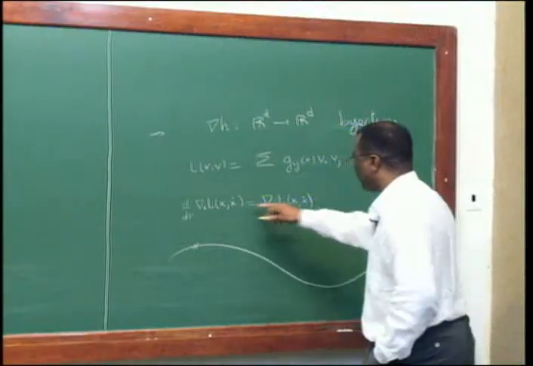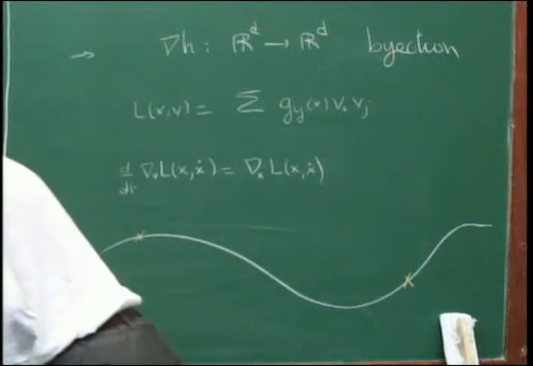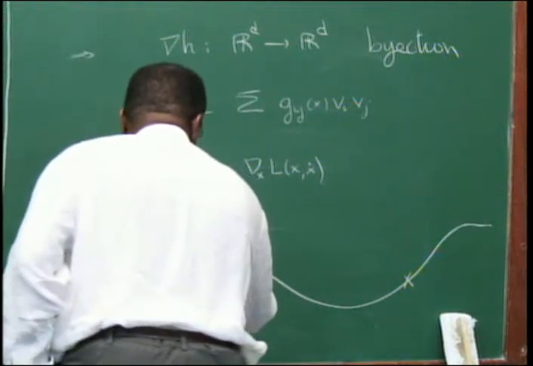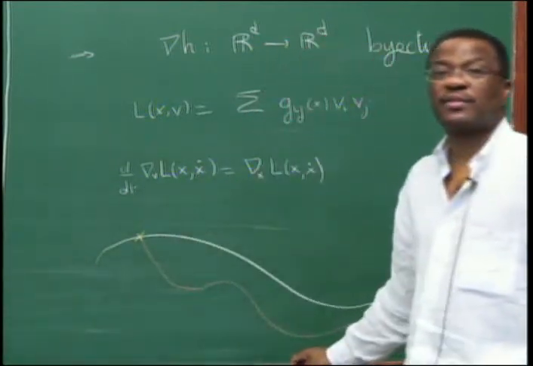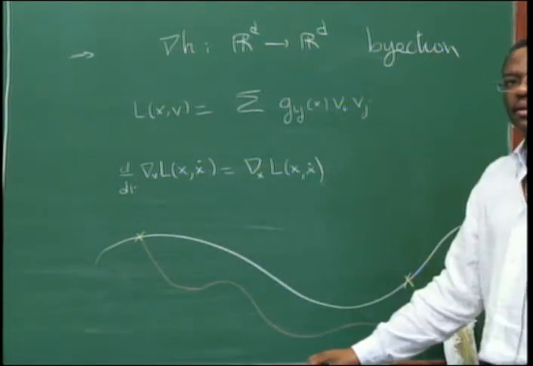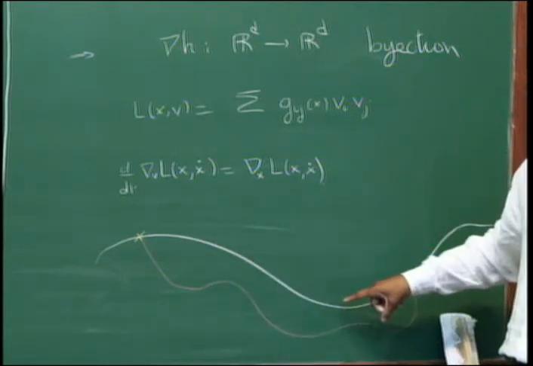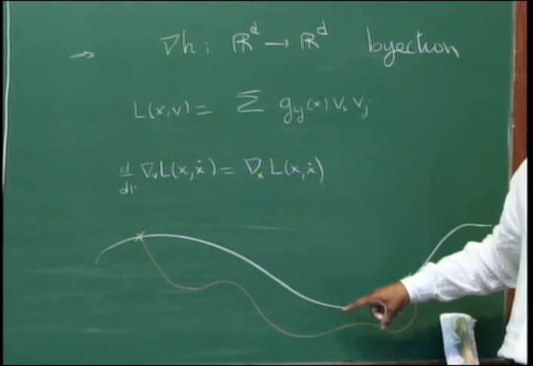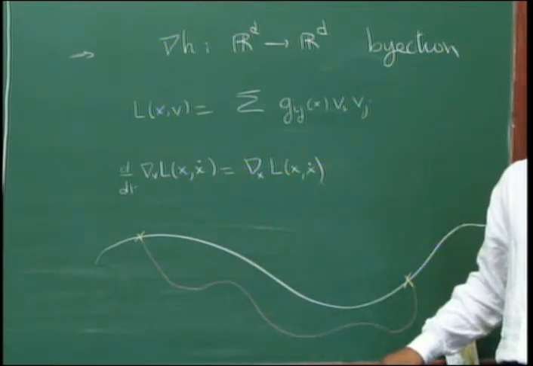I assume that my curve satisfies this condition. And I consider any other curve passing through these 2 points. This white curve will have the smallest action if these 2 points are not far from each other.